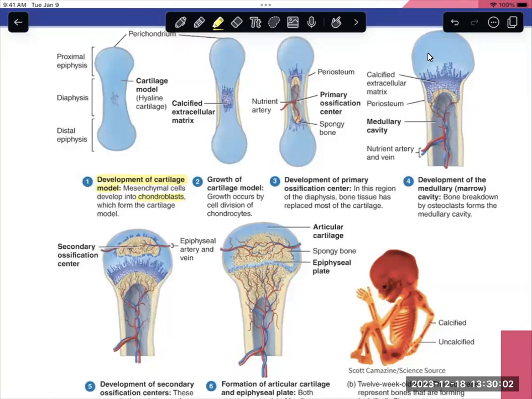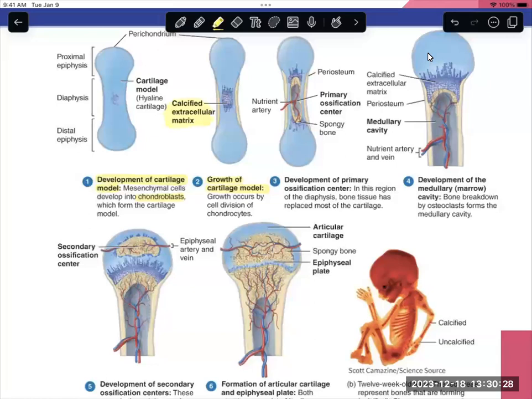Once this cartilage bone model, or outline, has been made, it's going to grow. Some of this extracellular matrix here is going to start to calcify.